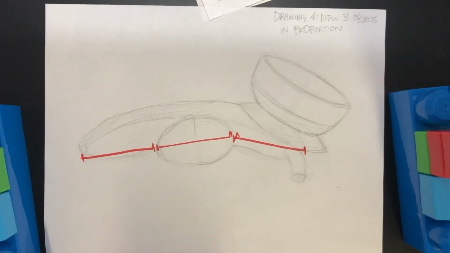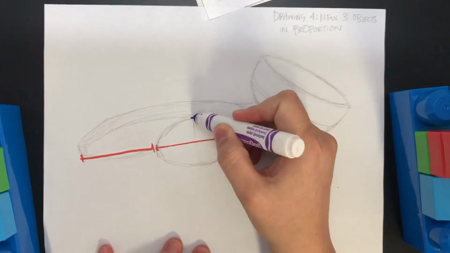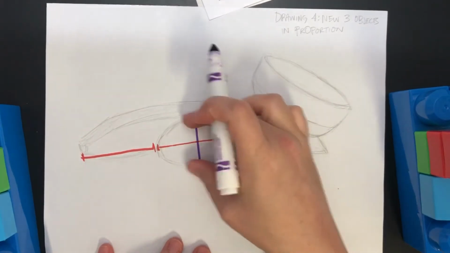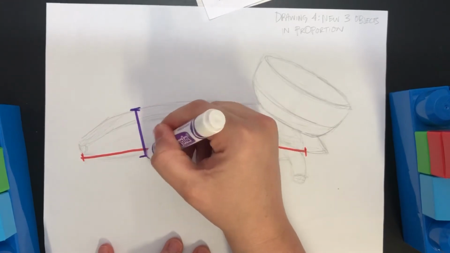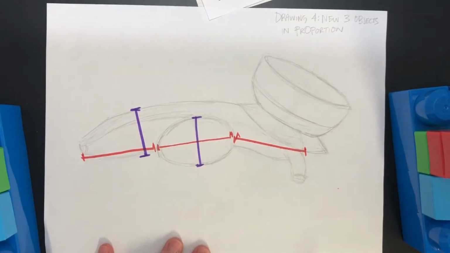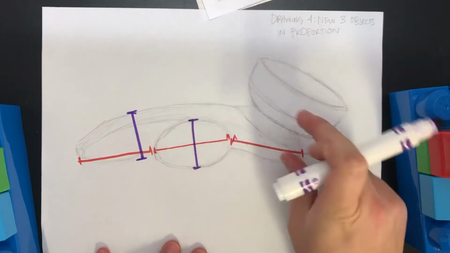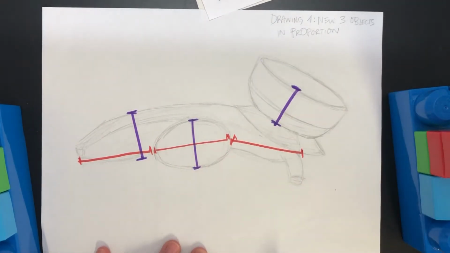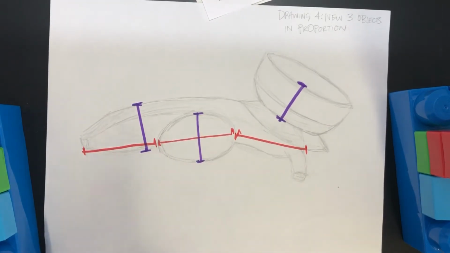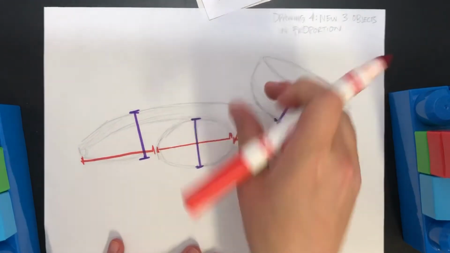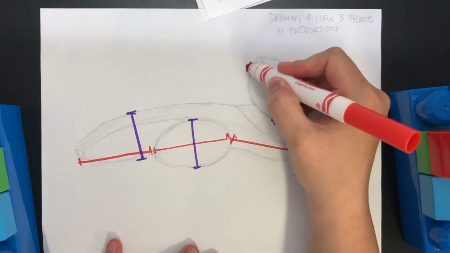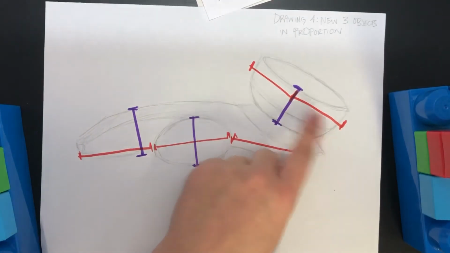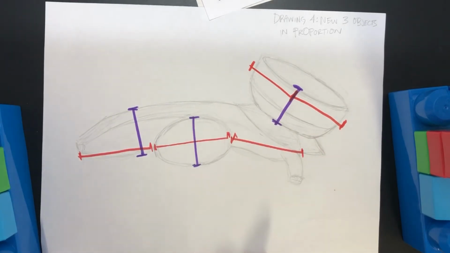The height of my Easter egg, its thickness, is about the same as the width of my banana. The height of the Easter egg is about the same as the height of the bowl. The bowl itself is about a little bit shy of two Easter eggs wide.